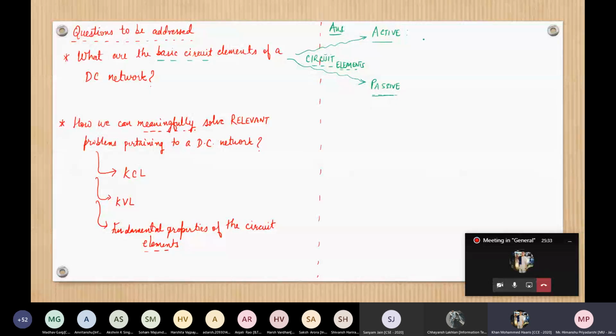But for our interest in this context, this is our context. In this context we will be giving you only some of the elements, like I have a voltage source, and a current source.